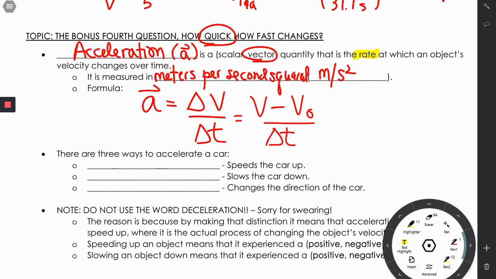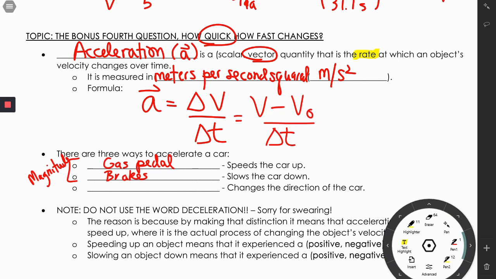All right. Now, when you talk about a car, there are 3 ways to accelerate. The first way is we can step on the gas pedal. By giving the car more gas, we speed the car up. If we want to slow the car down, we're going to step on the brakes. So these two change the magnitude of the speed or velocity.